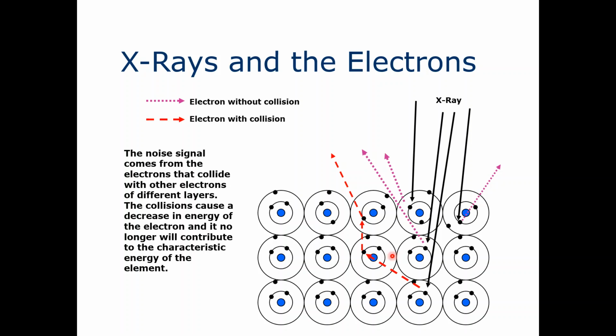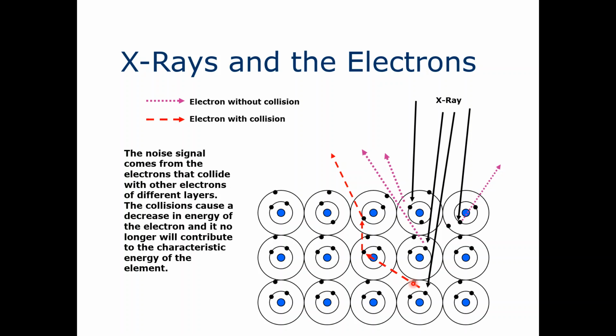The second type is emitted from the inner layers, and after their emission they have collisions with other electrons in the other layers.